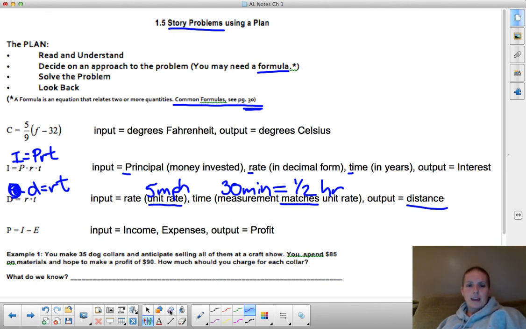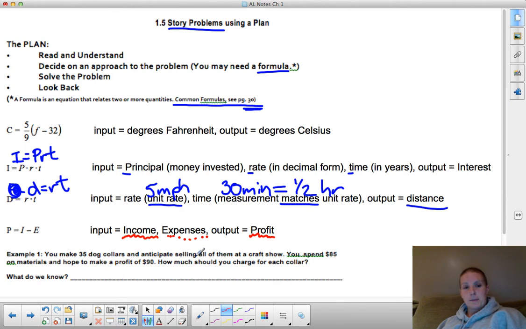The big catch is making sure you understand that there's a huge difference between the money that comes into a business and the profit, which is the money that they make. So money coming in doesn't necessarily mean profit. So be careful. We have to subtract out those expenses before we actually have profit. So just be cautious with that one.